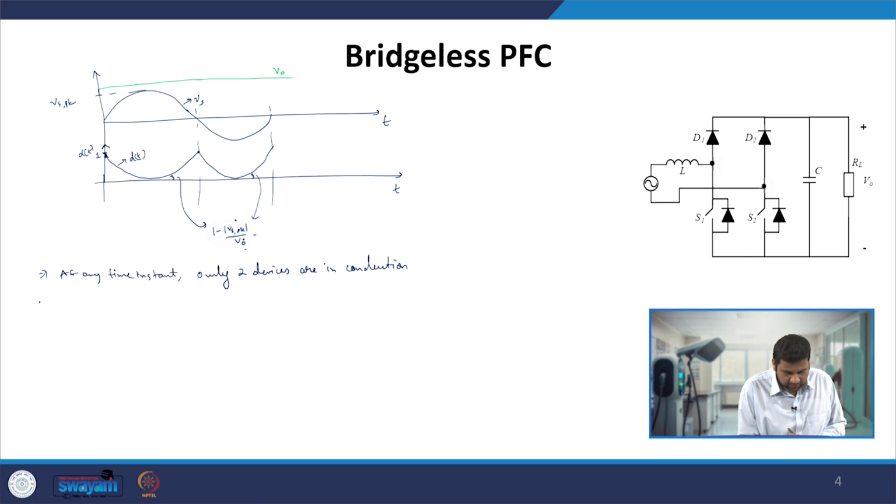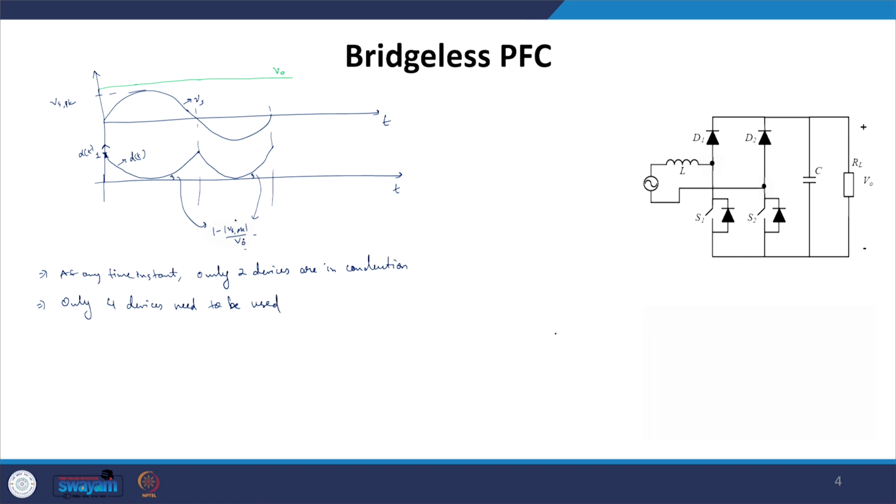And one more thing you will see here, we have only 1, 2, 3, 4 devices, only 4 devices need to be used as compared to 6 devices in case of boost PFC with the full bridge diode rectifier.